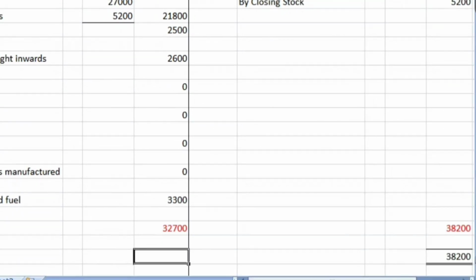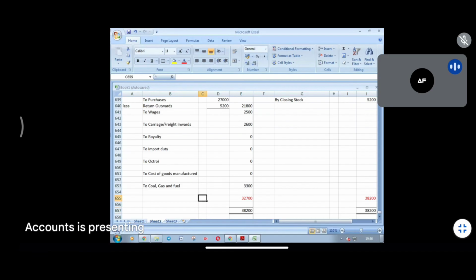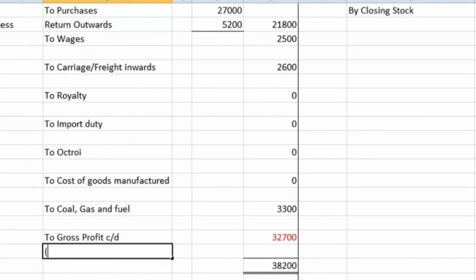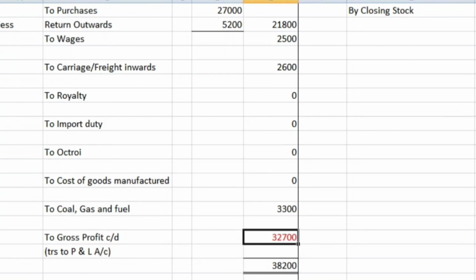Put that as a grand total on the credit side 38,200, and on the debit side also 38,200 as a grand total. So now which side is the balance carried down coming for you, debit side or credit side? Gross profit carried down on the debit side, transfer to profit and loss account. If you subtract 38,200 and 32,700, you get 5,500. So that's your answer. And then erase off what all you've done in pencil. That's all.